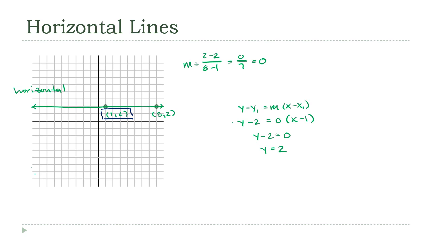And another thing I want to stand out to you, notice that this number here is the same as the common y coordinate of our 2 points. So these are both constant things that you should always associate with horizontal lines. Horizontal lines are always going to have a slope of 0. Every horizontal line is the same in that respect. And their equation is always going to simplify to y equals a number.